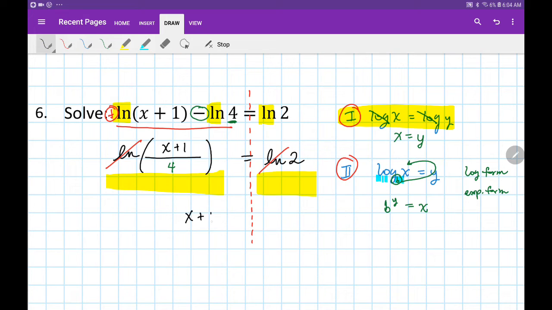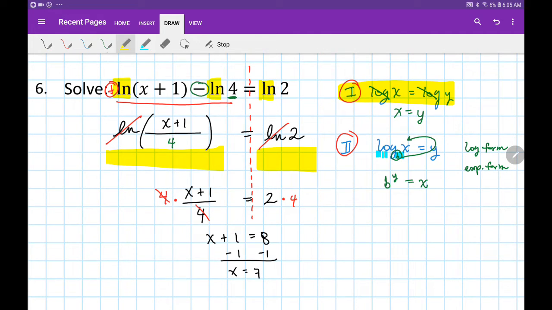So I have x plus 1 all over 4 equals 2. I want to solve for x, so let's multiply both sides by 4 and get rid of that denominator. So multiplying by 4 leaves us with x plus 1 equals 8. And solving for x, I get x equal to 7. This is my final answer.